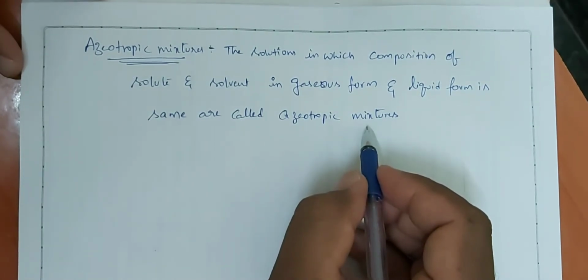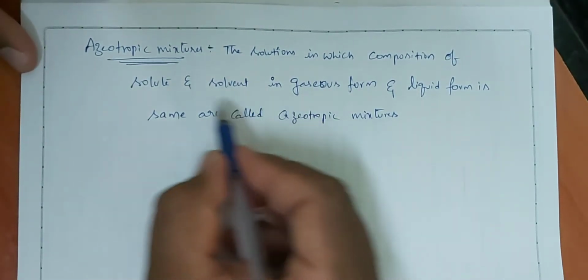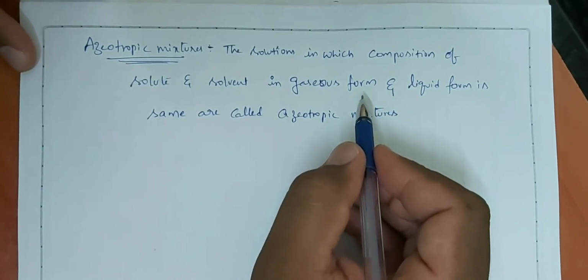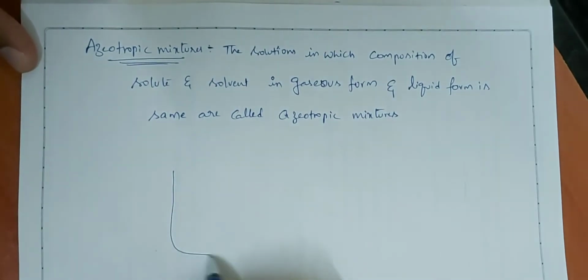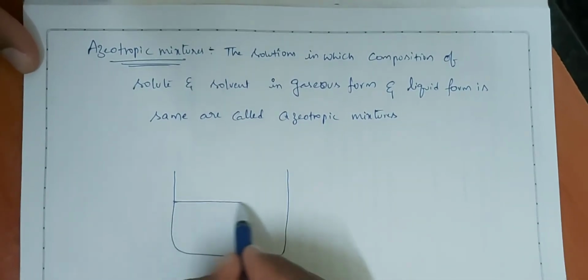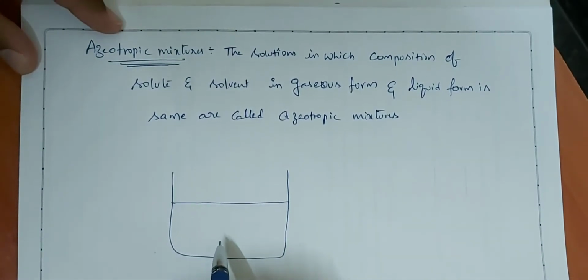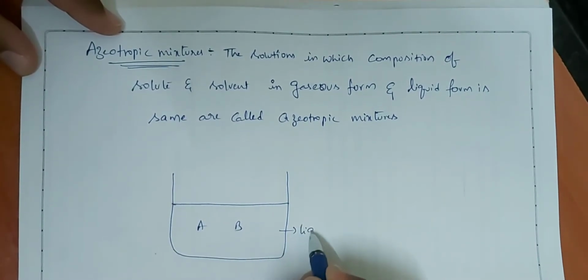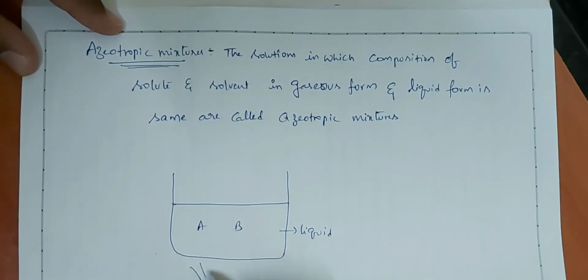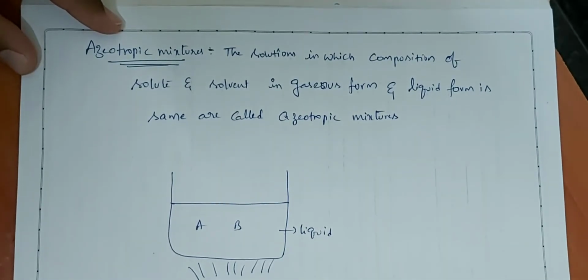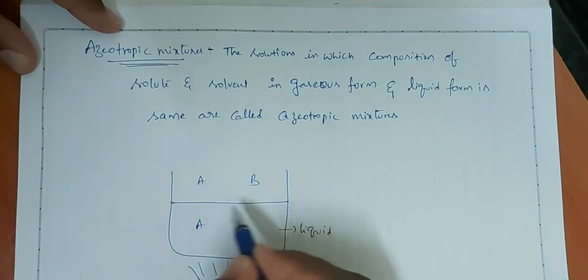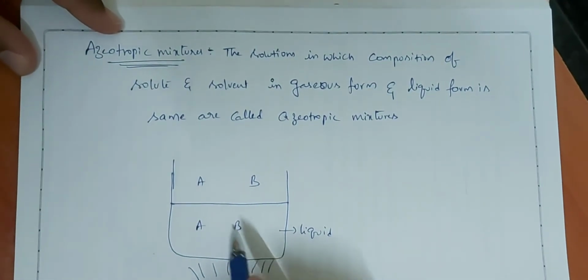Because of gaseous form and liquid form composition of both solute and solvent, explanation of this one, let us take a solution which is prepared by azeotropic mixture contains A and B in liquid form. If you heat this solution, gas particles A as well as gas particles B also will be present.